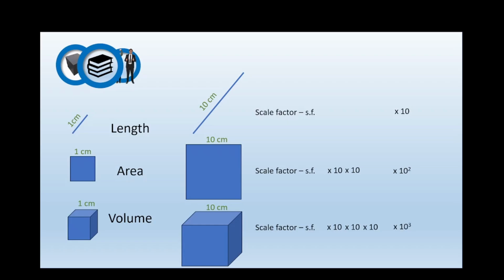Now, this can be a little bit confusing, but the important thing I want you to know is that length is the scale factor, area is the scale factor squared, and volume is the scale factor cubed. Everything hinges at this moment on that scale factor being generated from the length.